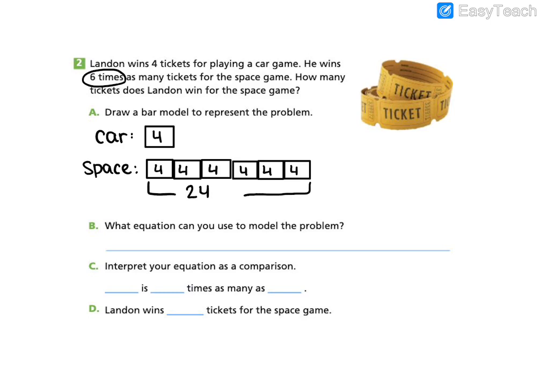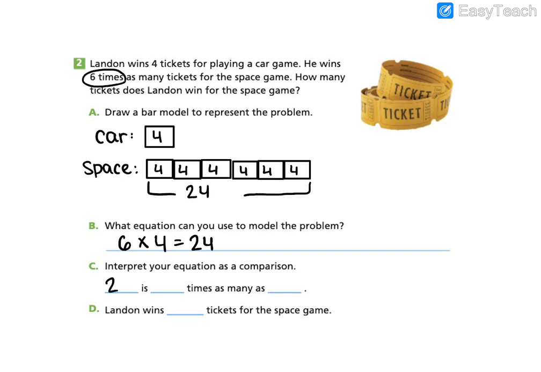What is our equation we can use to model the problem? Well, we know that the space game is 6 times as many, and it's 6 times as many as the 4 tickets. So 6 times as many as 4, and that's going to equal 24. So letter C is asking us just to write that in words, what we just said here on how we found that equation.